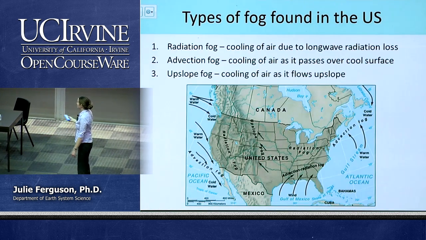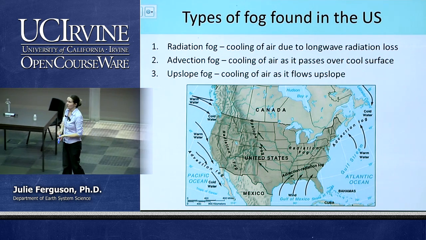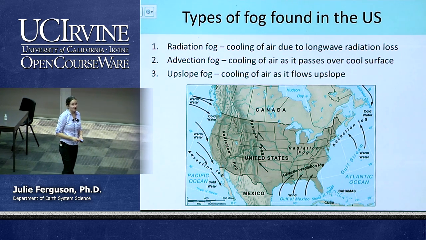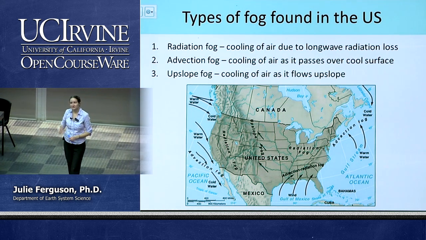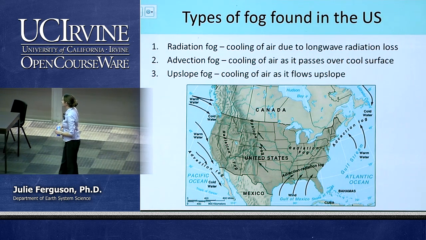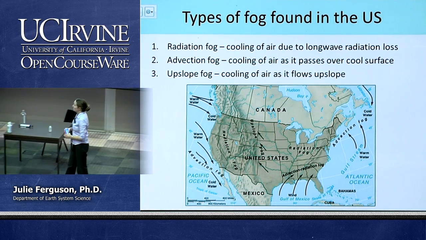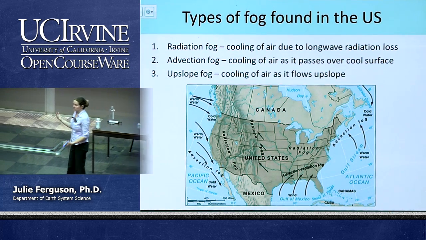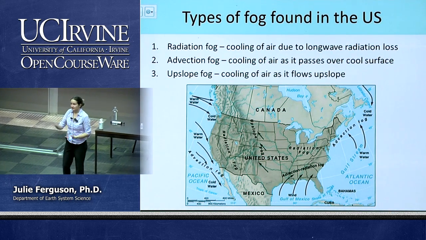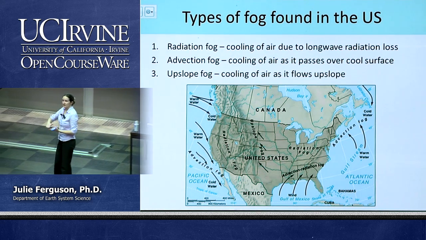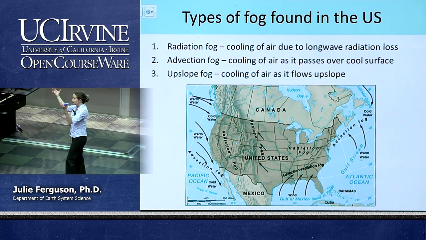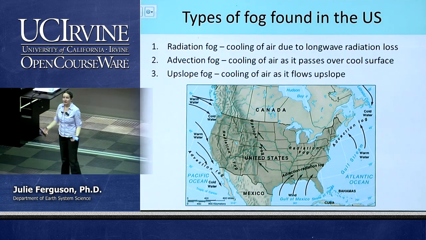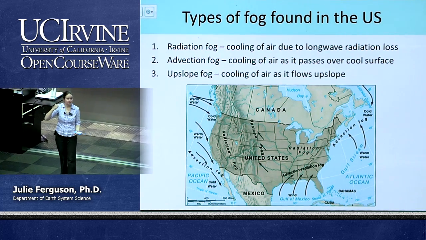Okay. So let's think about types of fog. So we have lots of different types of fog. They form due to different processes over the US. And we have these three types. We have, first of all, radiation fog. And radiation fog just forms because, say, overnight, for example, the Earth is emitting long-wave radiation, and it's not receiving any extra radiation from the sun.